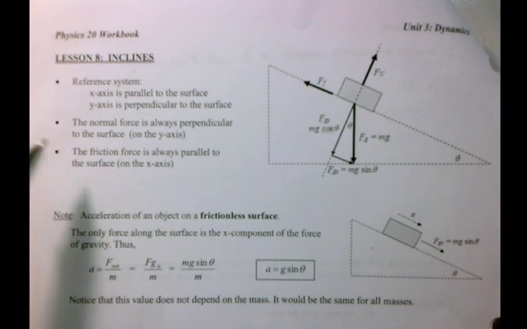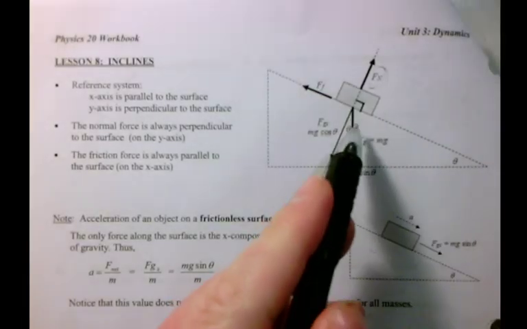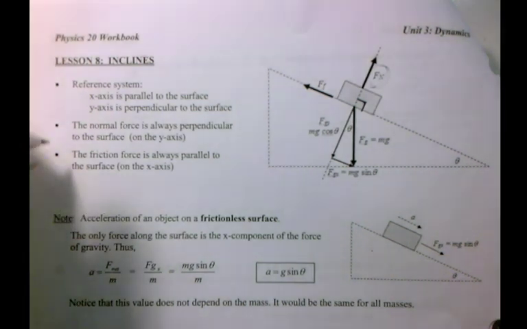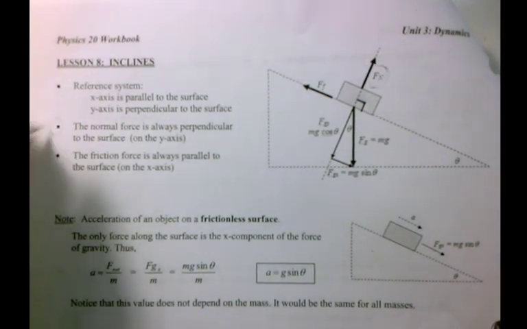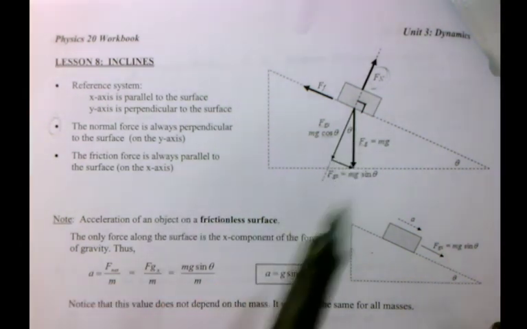It always needs to be perpendicular to the surface, so we need a 90-degree angle between our normal force and the surface that it is in contact with. So that's our first law, you could say, or the first absolute in this situation.